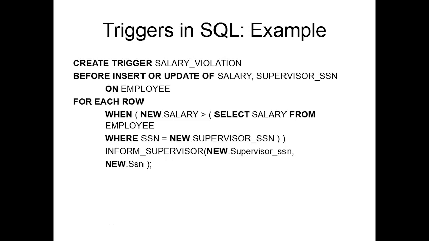Maybe inserting an employee, or updating the salary of an employee or the supervisor of an employee, etc. The person who writes the trigger must make sure that all possible events are accounted for. For example, in some cases, it may be necessary to write more than one trigger to cover all possible cases. And these events are specified after this word before.